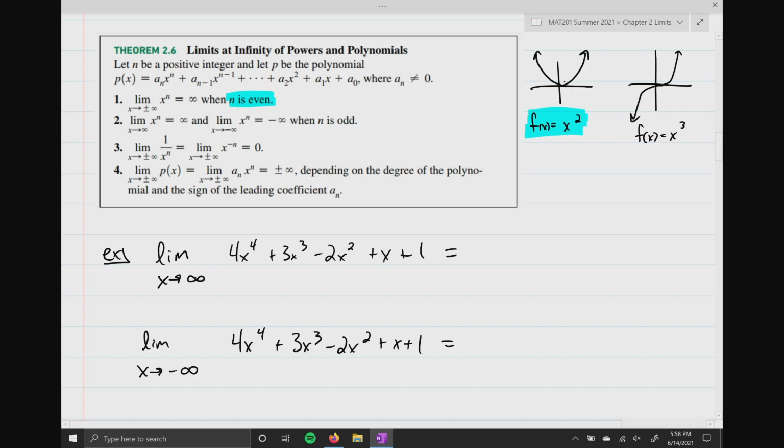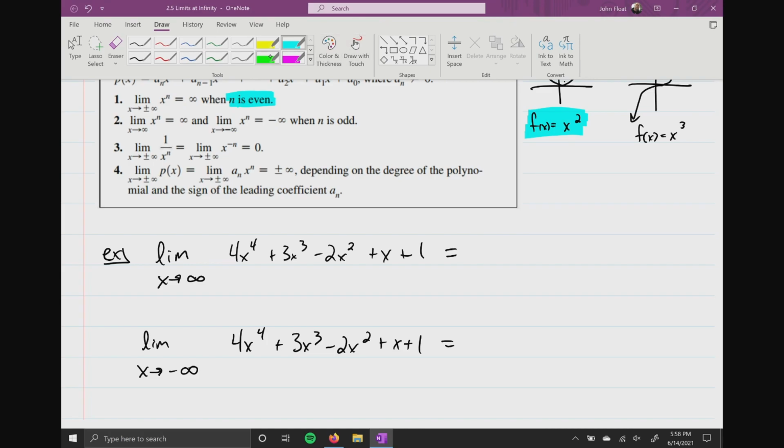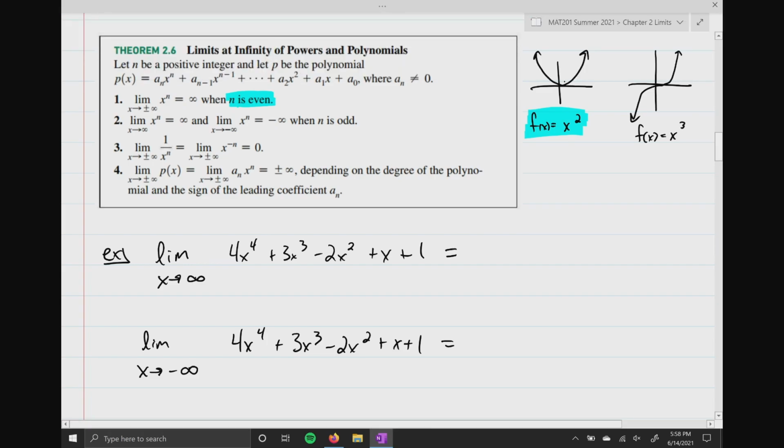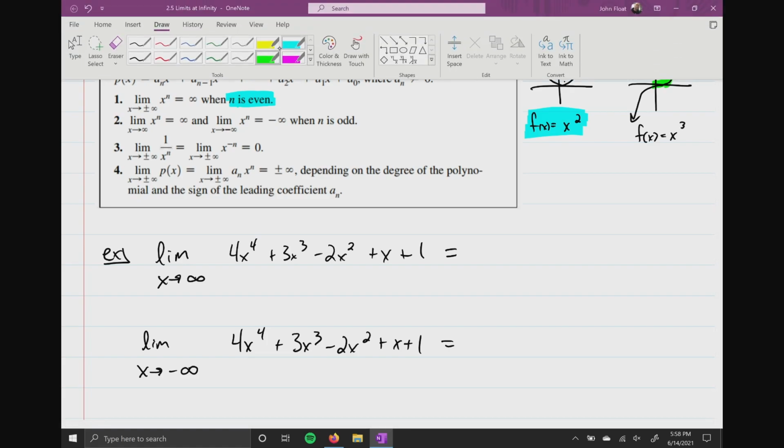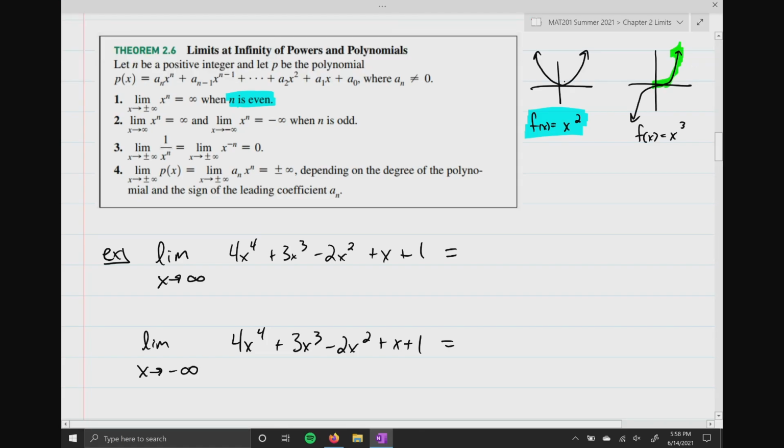Now, in the second situation, you have the limit as x goes to infinity of x to the n equals positive infinity, which is right here. So I just highlighted that in green. Or, let me use yellow here, negative infinity if the limit is as x goes to negative infinity.